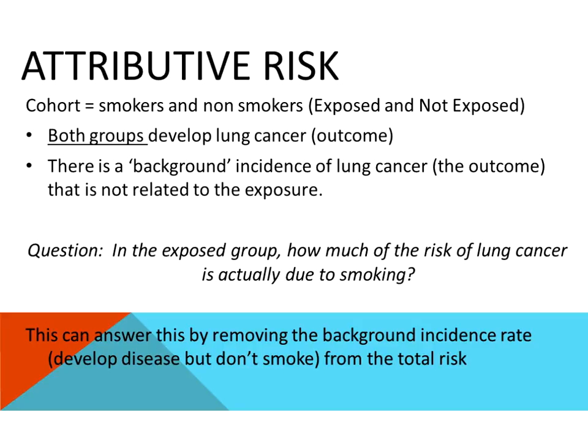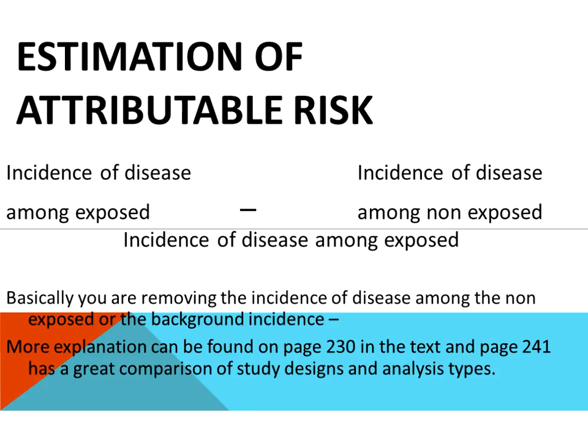And so what we want to see is how much more smoking increases your risk of developing lung cancer over the regular background rate of developing lung cancer even if you don't smoke. And this is called attributable risk. And it's pretty easy to calculate. You just do a subtraction of the incidence rate of your exposed minus your incidence rate of your non-exposed, and then we divide this by our exposed.